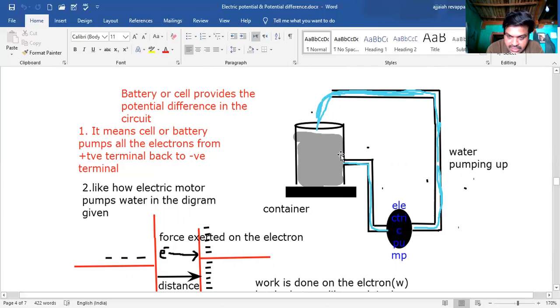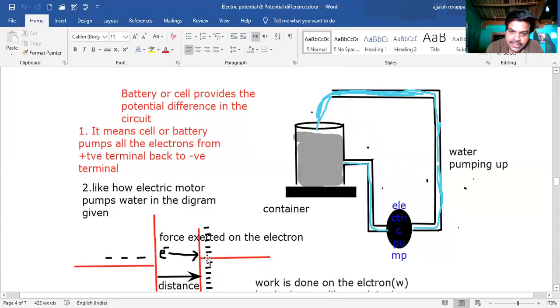This end is the negative terminal, and this is the positive terminal, and this is the external circuit. This end is the positive terminal of the cell or battery, and this end is the negative terminal again. When water reaches this end, it is the negative terminal.